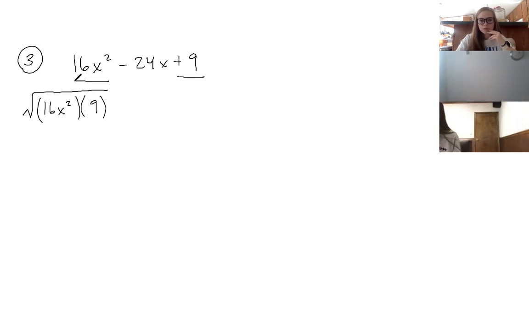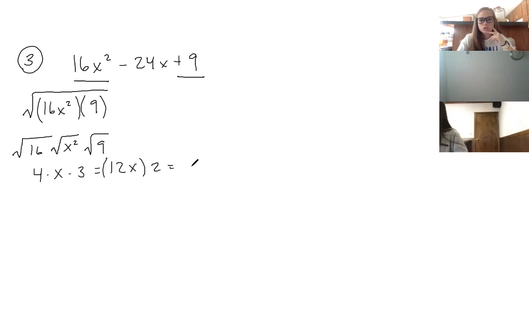So if you multiply the first term and the last term in your trinomial, here I can split this up. I can say the square root of 16, the square root of x squared, and the square root of 9. So that's 4 times x times 3, which is 12x. I take that square root and I multiply it by 2.